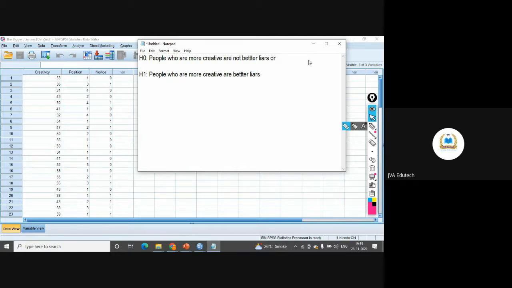Or you can write creativity has no association. Creativity has negative association.